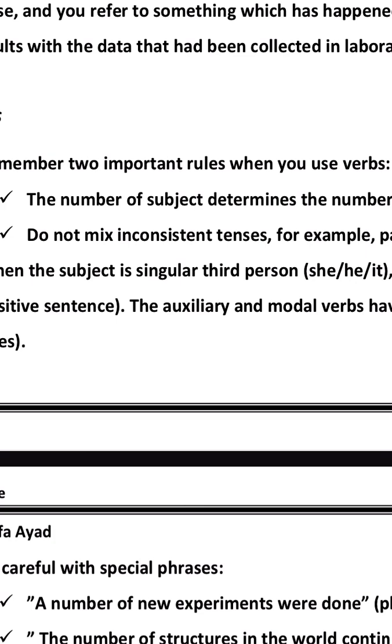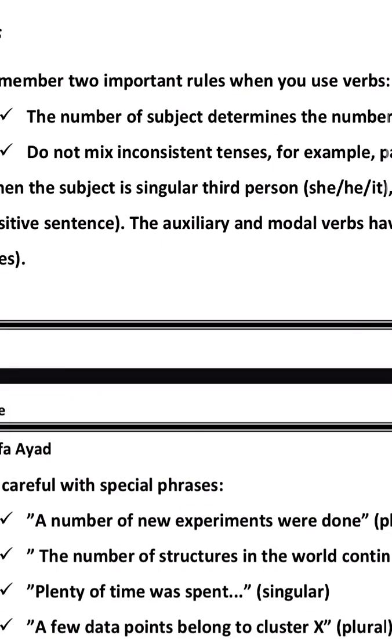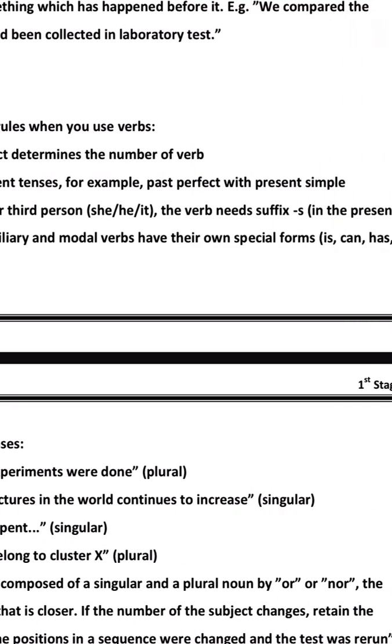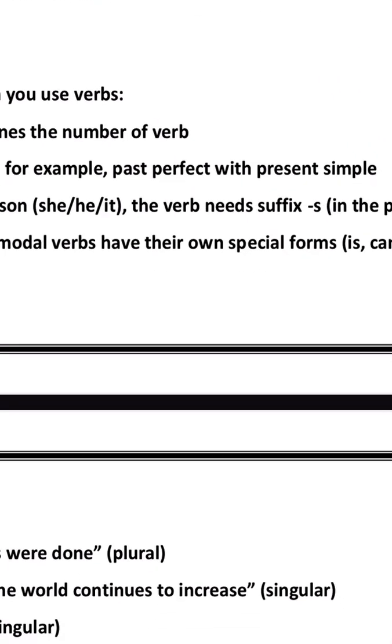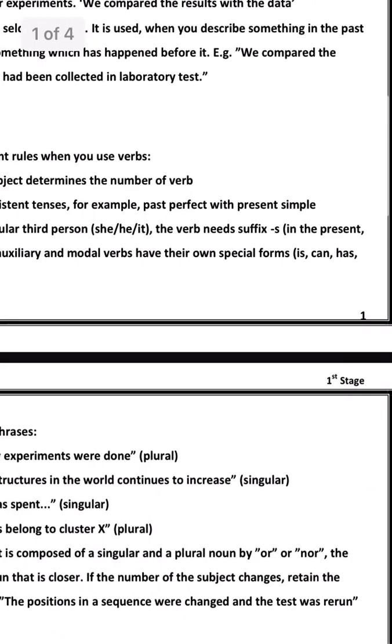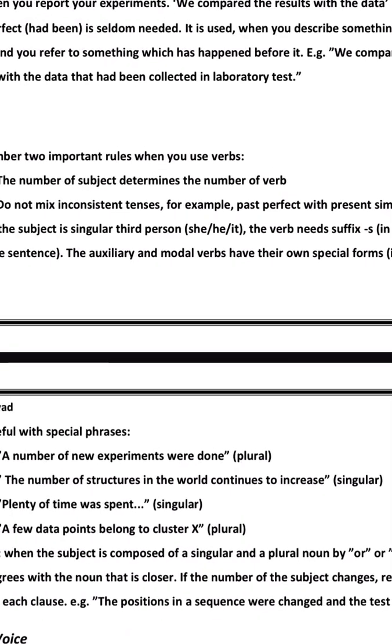But not past with a future, no. So we must be careful. For example, past perfect with present simple, no. Past perfect maybe with past simple, okay. Present simple with the future, okay.